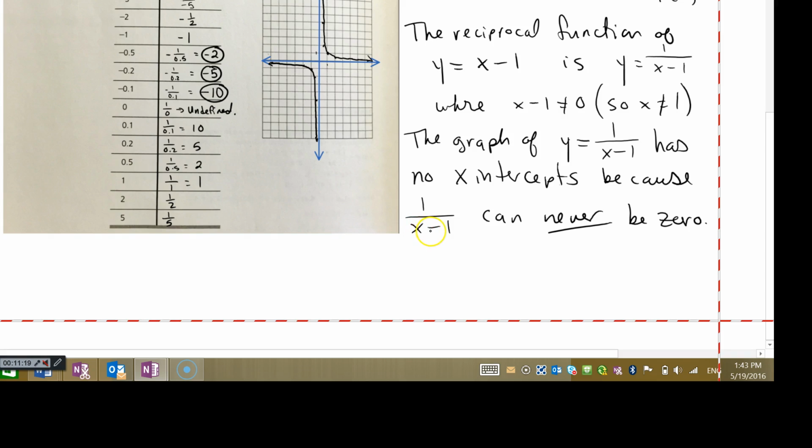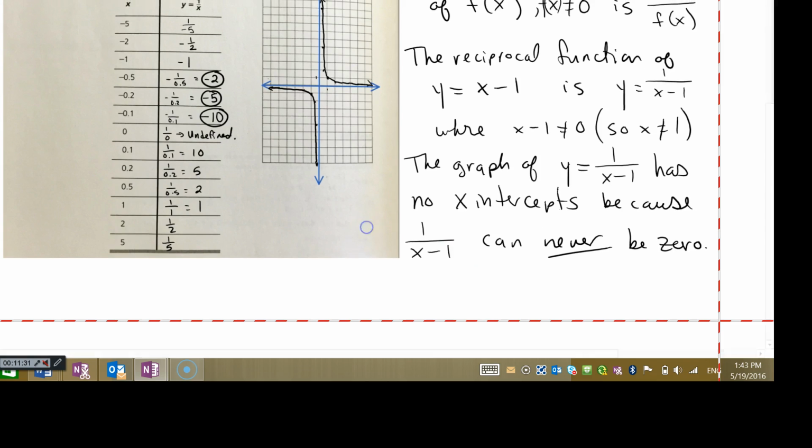A million minus 1? No, I shouldn't do that. If I say 90, 90 minus 1 is 89. So 1 over 89. It's getting super close to 0, but it will never actually touch 0, just like this graph right here.